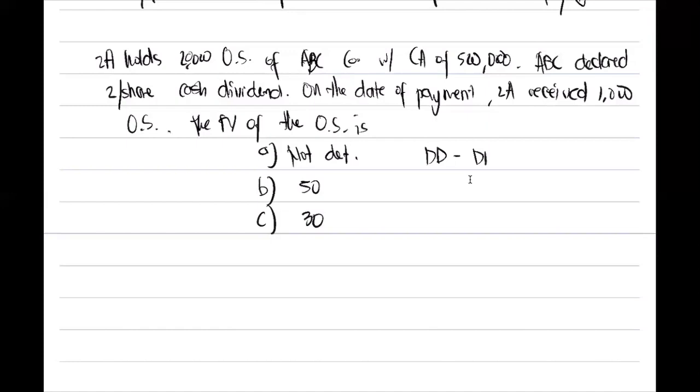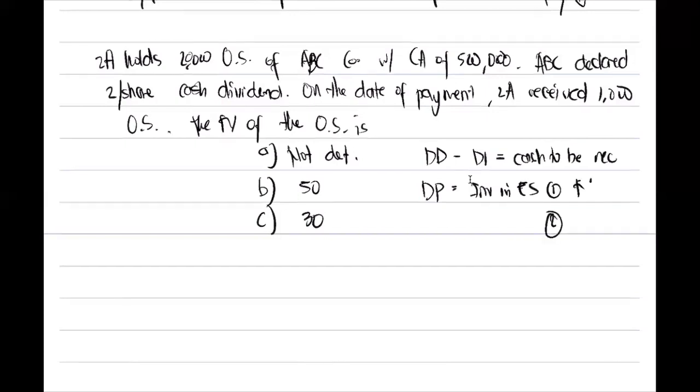We record a dividend income equal to the cash to be received. At the date of payment, you will record investment in equity securities according to this priority. First, on the fair value. If no known fair value, the cash to be received. And any difference will either increase or decrease the dividend income.